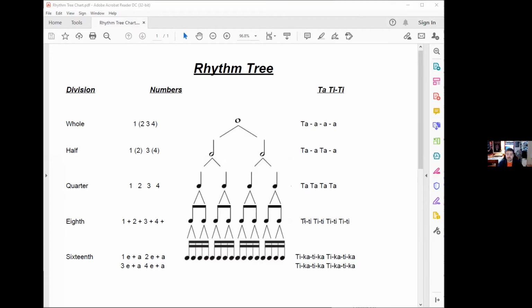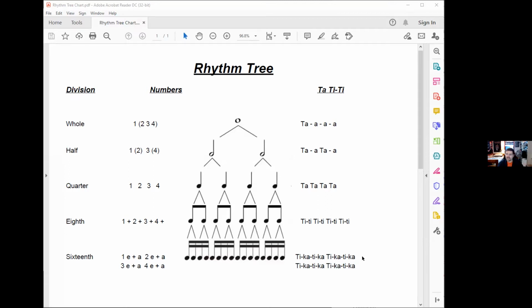Now, the nice part here is that they're short syllables and it's easy to differentiate: quarters are ta, halves and wholes are longer versions of ta. Eighth notes are TT. That means you can mix and match those rhythms, and it makes it easier for students to differentiate between them. Now, we do have a version for the 16th note level as well.